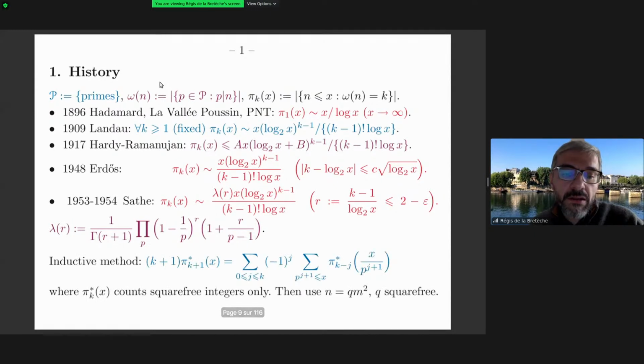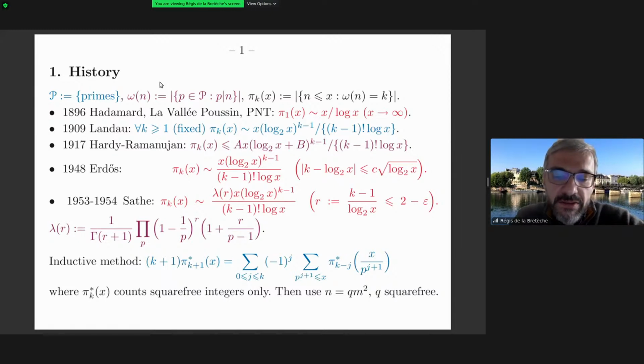And the way to prove it is really technical. He used an inductive method based on a functional equation of P_k star of x.